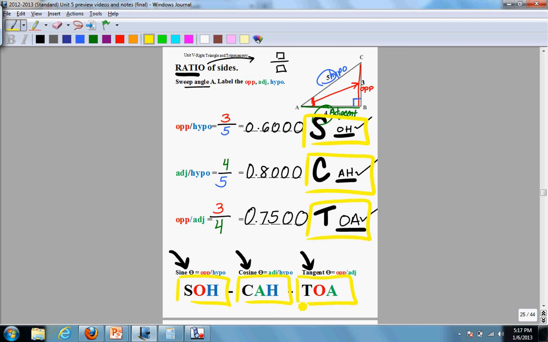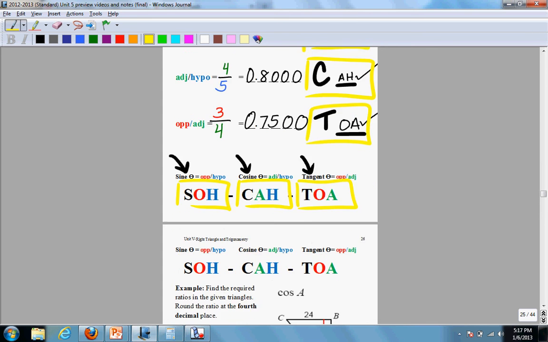Say it out loud with me. SOH CAH TOA. Say it like you're chanting it at a summer camp. SOH CAH TOA. Yeah, I mean it. Say it to yourself, please. Okay, so these ratios have very particular meanings. I'm going to show you how to use these.